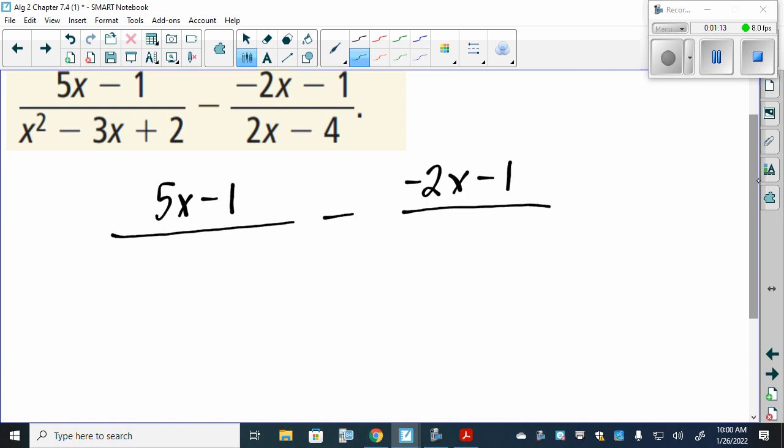2x minus 4, because we just need to factor out a 2. If I factor 2 out of 2x, I'm left with x minus 2, because a 2 factored out of 4 would give us 2. Now for our x squared minus 3x plus 2, we'll need 2 sets of parentheses.